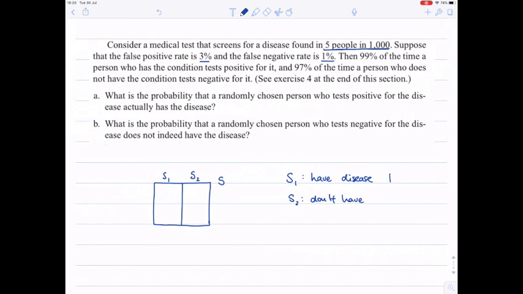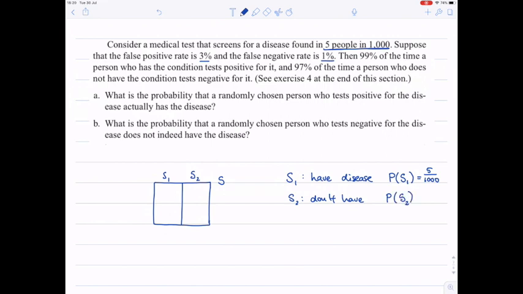So the probability of being in S1 is 5 out of 1,000. Since you either have the disease or you don't, we can work out straight away that the probability of being in S2, i.e. not having the disease, must be the complement of P(S1), which is 995 over 1,000.